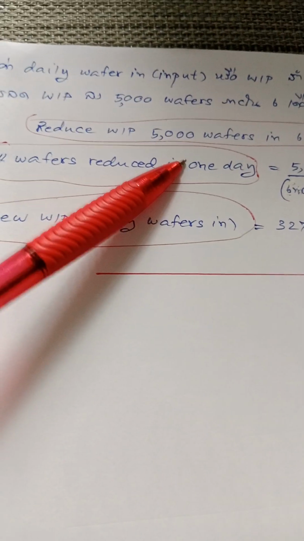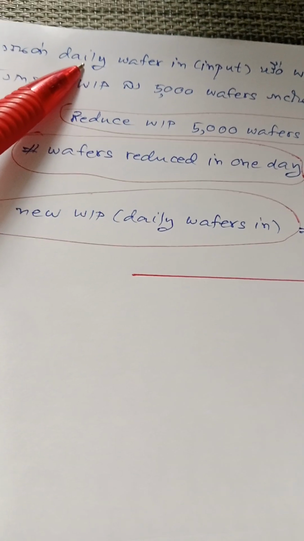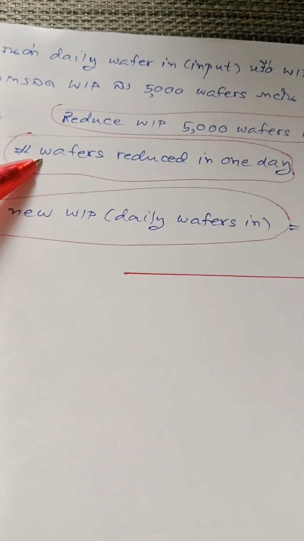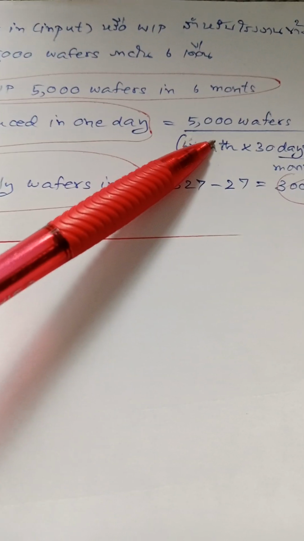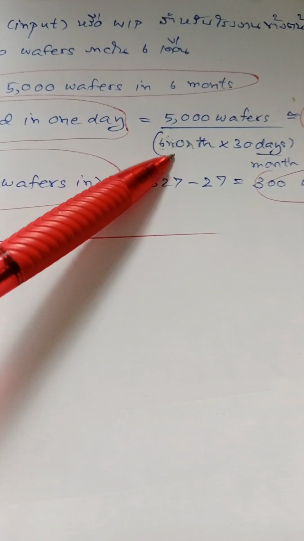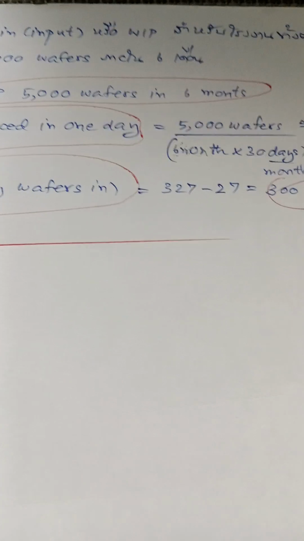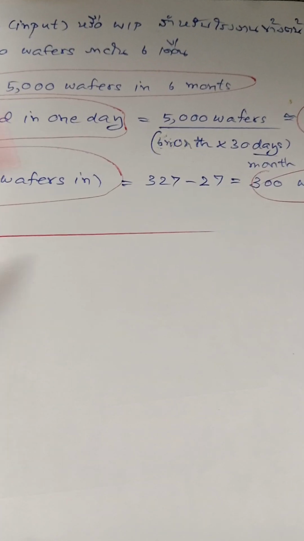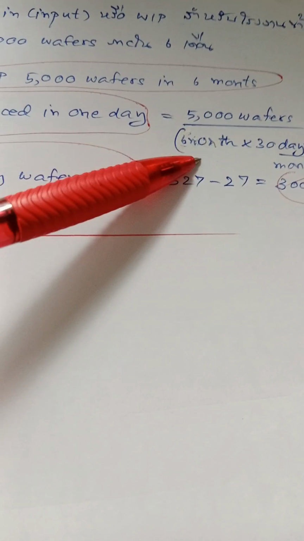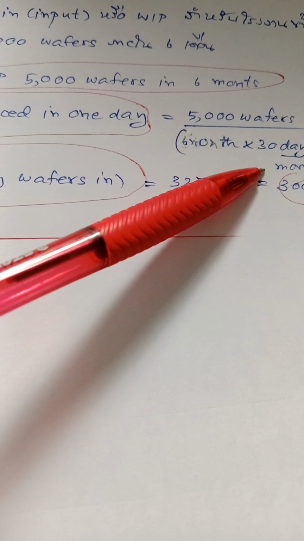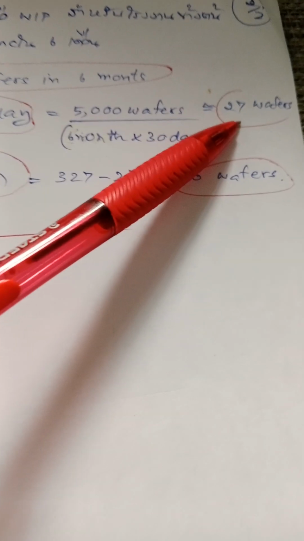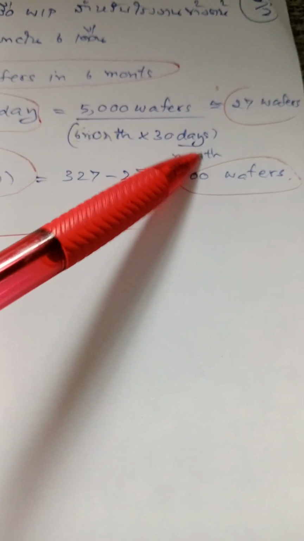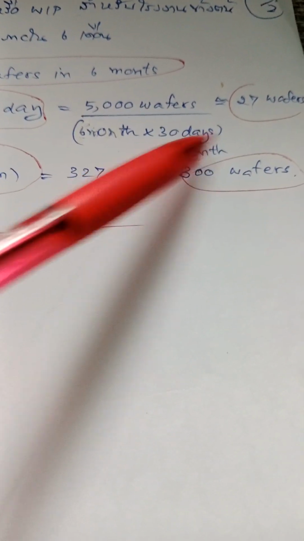Okay, so daily means per day, just a matter of math. The number of wafers reduced in 1 day is equal to 5,000 wafers divided by the number of days. You have 6 months, and 1 month is about 30 days, so month cancels out. You end up with 27 wafers. Actually, this one is supposed to have per day, I just ignore that.